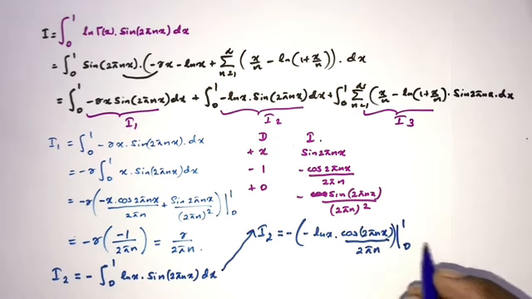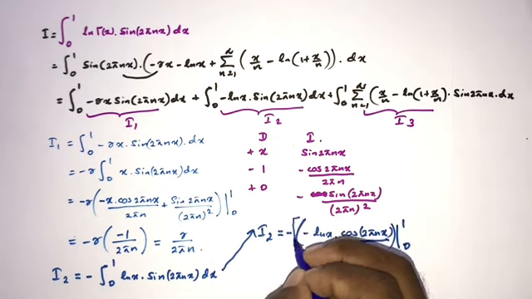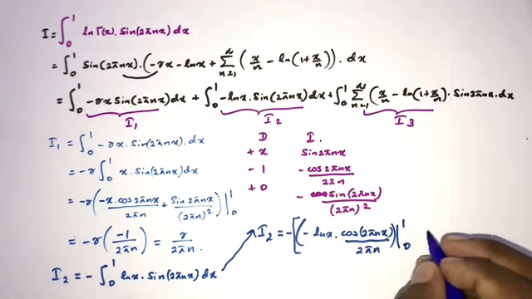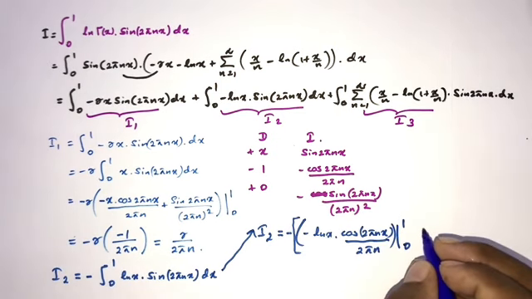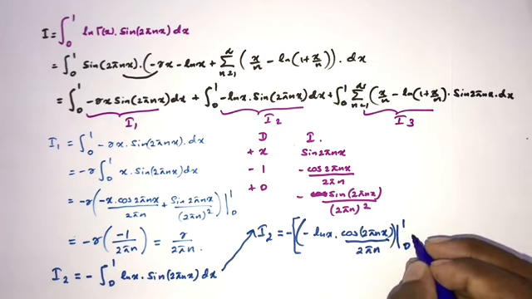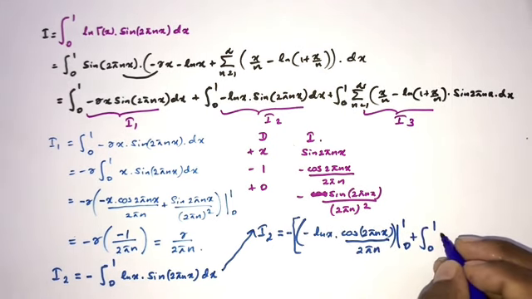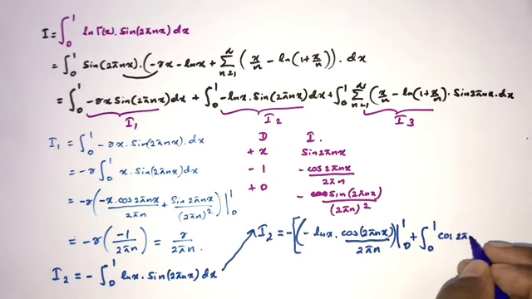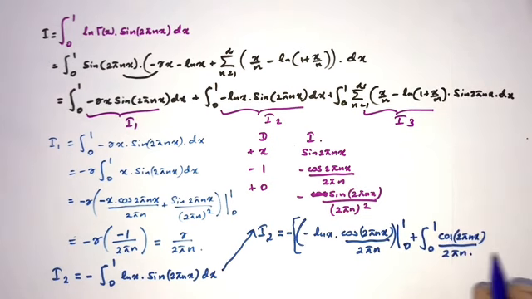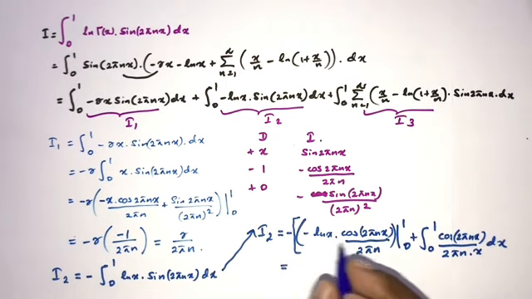Then here a minus sign, so parenthesis. Now we know here minus, but here we have a minus sign, so plus the integral from 0 to 1 of cosine of 2 pi nx over 2 pi n times the derivative of natural log of x, which we know is 1 over x, dx. Then we can apply the lower limit and upper limit.